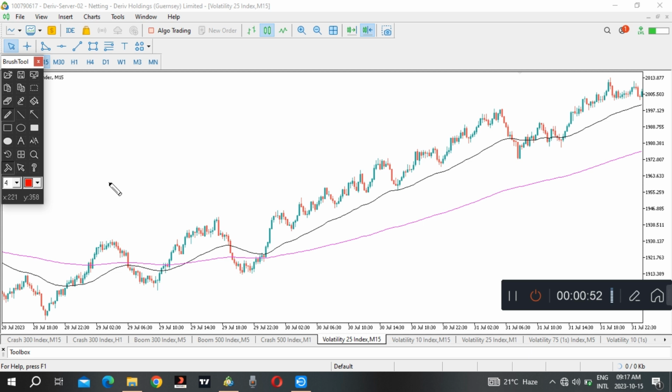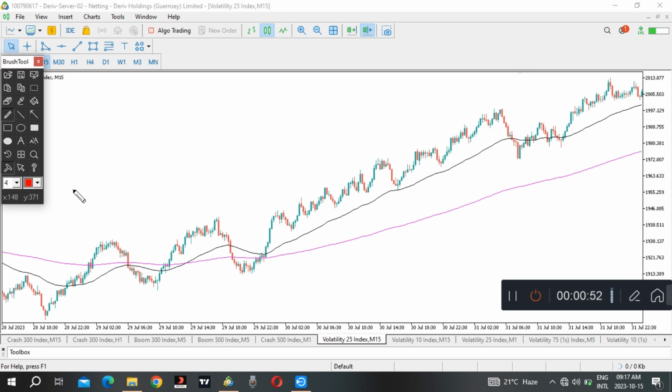The types of pullbacks that we want to see are flags, wedges, triangles, symmetrical, ascending, descending, whatever they are. We just want to see some type of pullback that is consolidating or showing a slowdown in momentum.